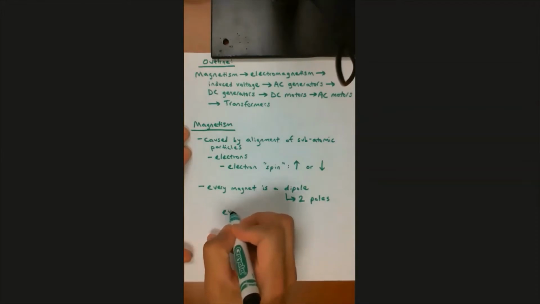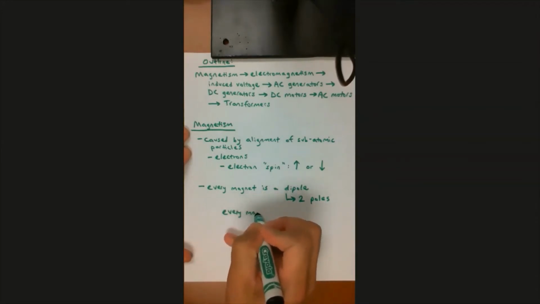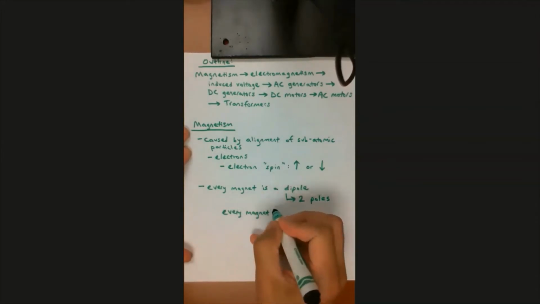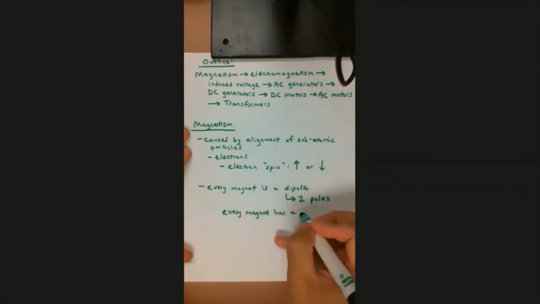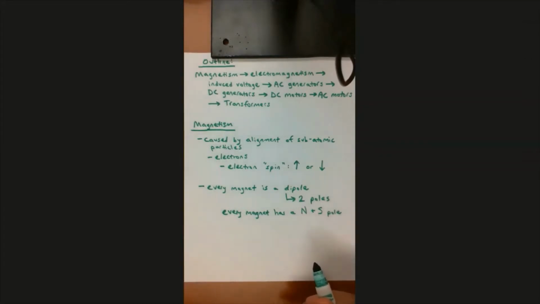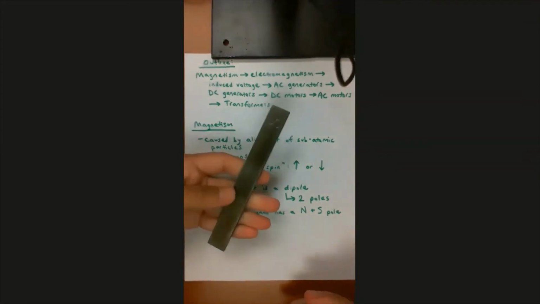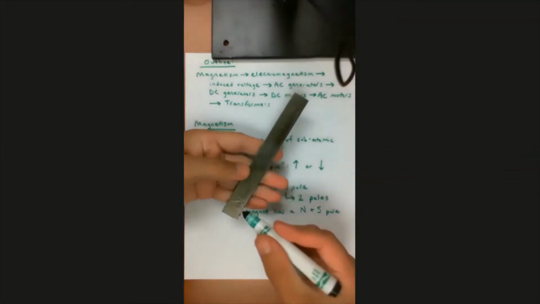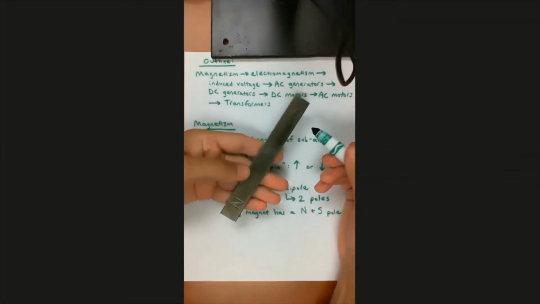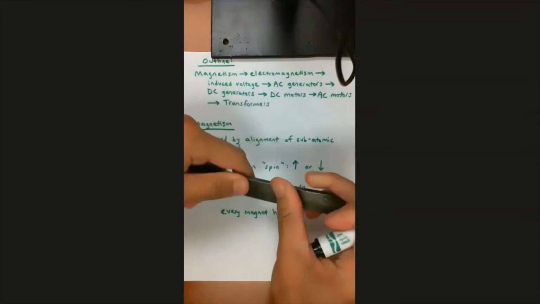So that means that every magnet has a north pole and a south pole. And a good question is, what if I took this magnet, this is a bar magnet with a north pole and a south pole, what would happen if I took this magnet and I broke it in half?